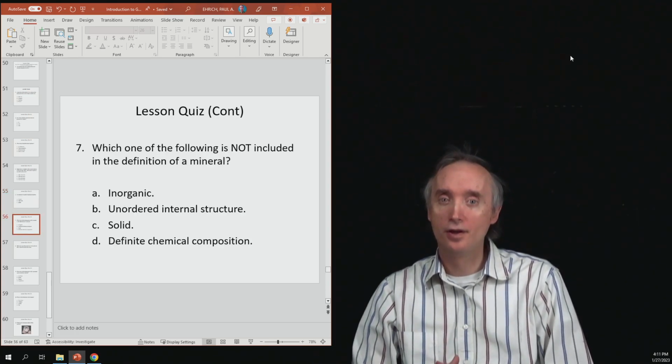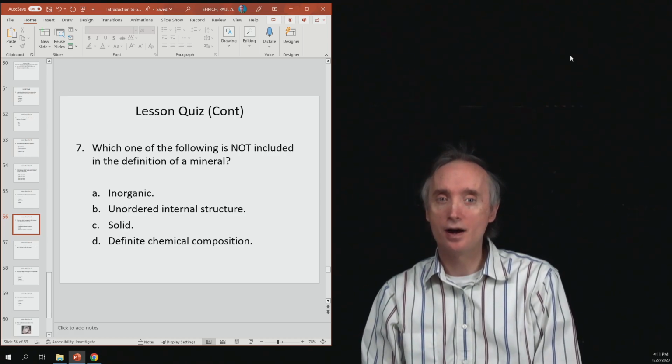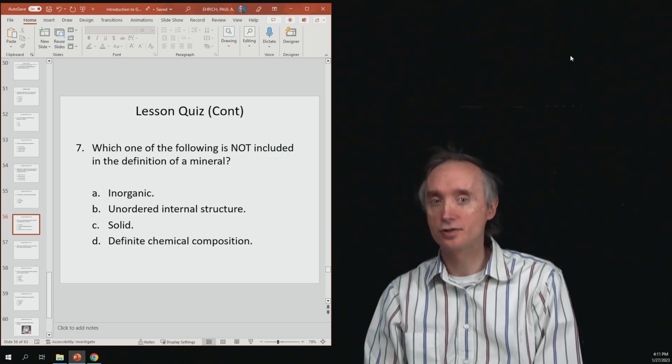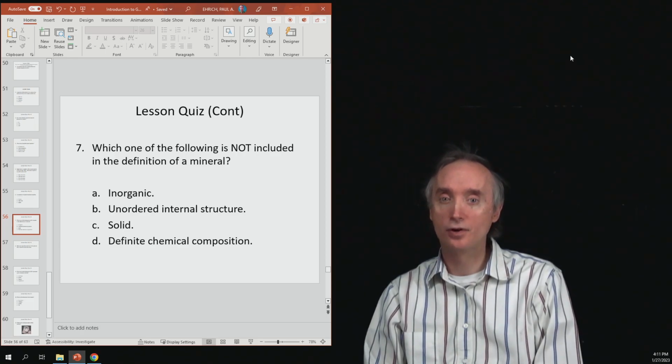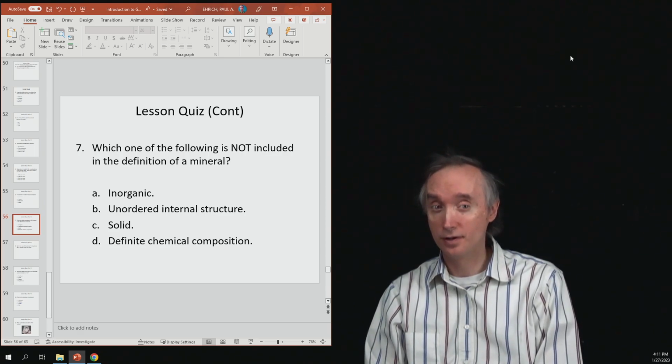Number 7, which of the following is not included in the definition of a mineral? Okay, so it's going to be the unordered internal structure, because minerals have an ordered internal structure.